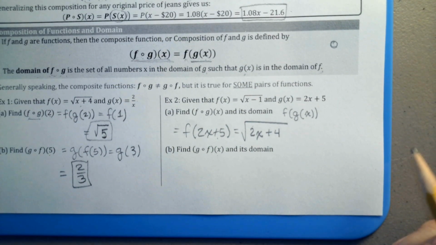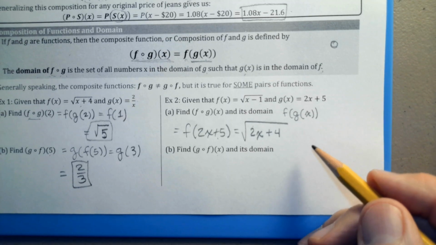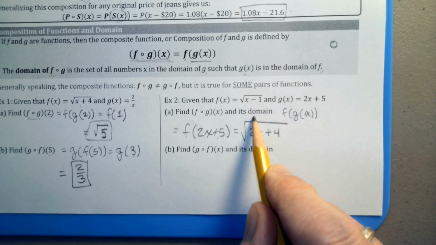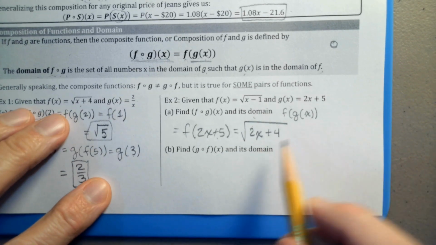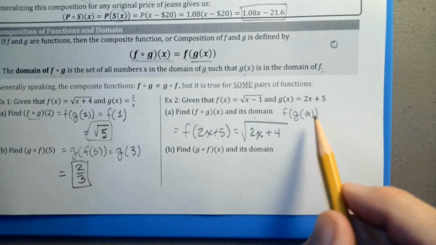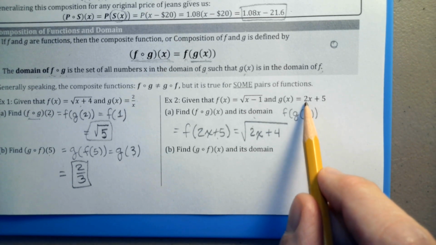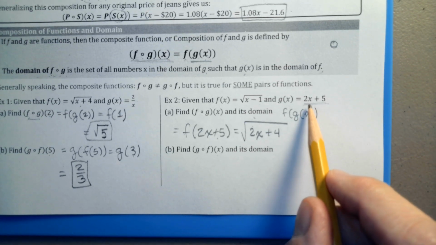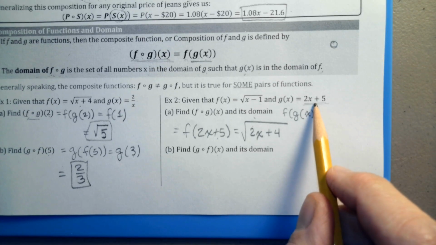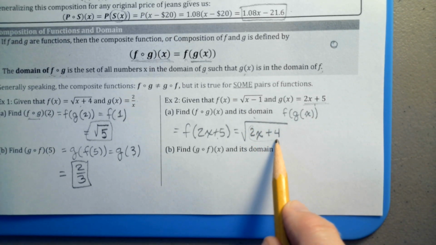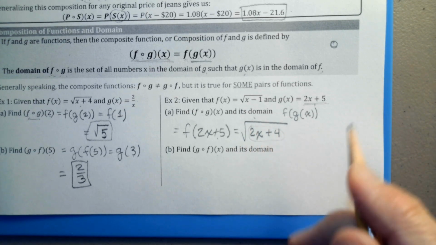All right. So we're looking for the domain. So we have to look at a couple things here. First of all, we got to know, is there any restriction on the domain for this part of it? So there's no restriction on x going in here. However, the result in here cannot be smaller than 0.